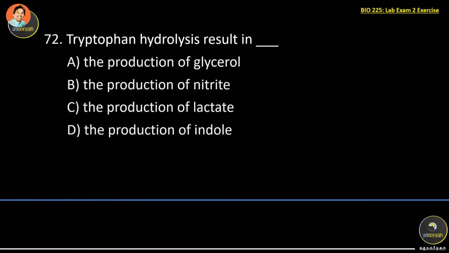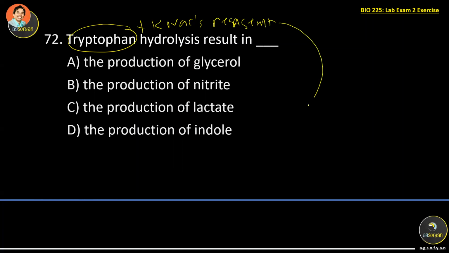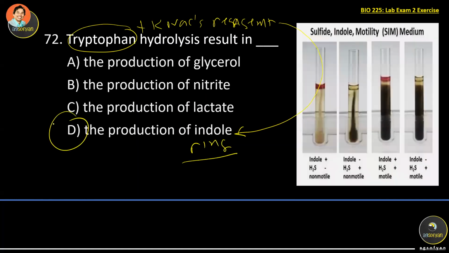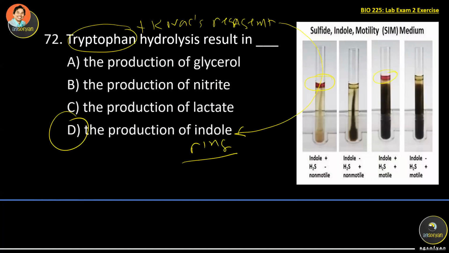Tryptophan hydrolysis results in A, B, C, or D. Yes, tryptophan plus Kovac reagent. Okay, it will produce the indole. This is the ring. Okay, the ring over here is the indole.